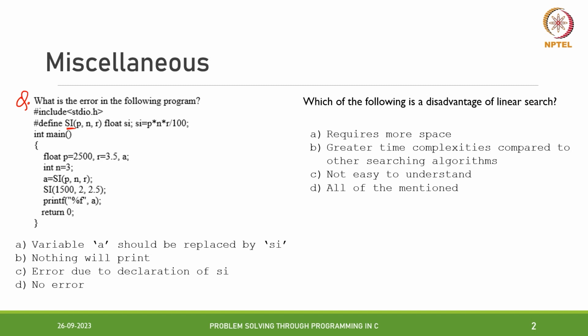Right now, if I write this as float Si equals P into N into R by 100, instead of these two statements, if I write it directly like this, should it be okay?